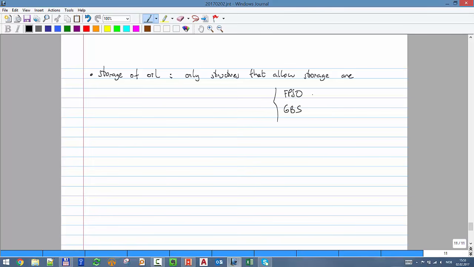Okay, and we are talking GBS, gravity-based structure, maybe in the range of 300,000 barrels of oil. But FPSOs, I think the limit is 2.5 million barrels.